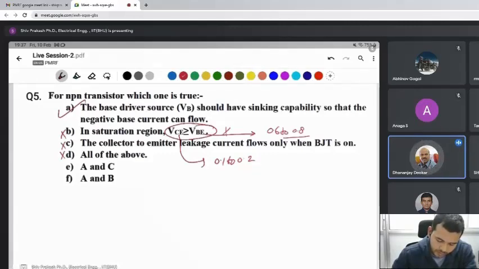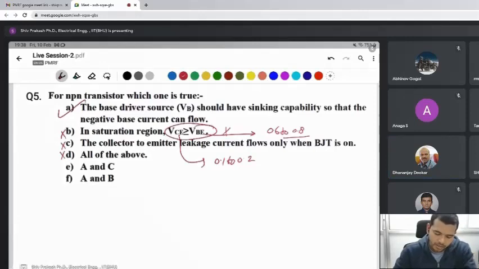At that time, the VB source is going to supply the current from base to emitter. So how is VB going to sink the current? Here current is flowing in that way, right? From the battery also, from the base to emitter.